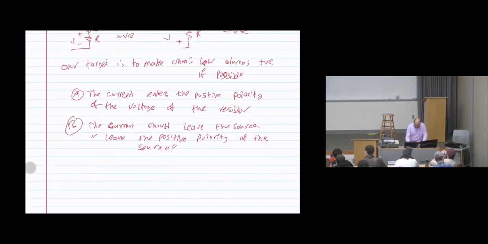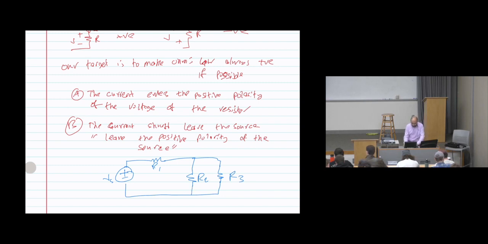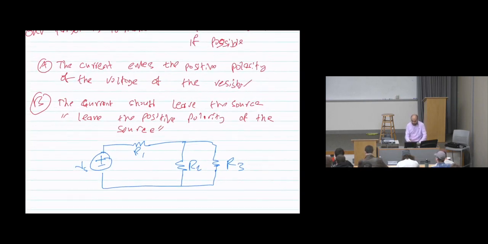Let me give you a small demonstration. Plus minus Vs. Here is R1. Here is R2. Here is R3. Now I need to assume current directions and voltage polarities. According to our standards, let's start from the source toward the load. Normally, the current will go out from the source, like a water pump, toward the load, or toward the turbine.